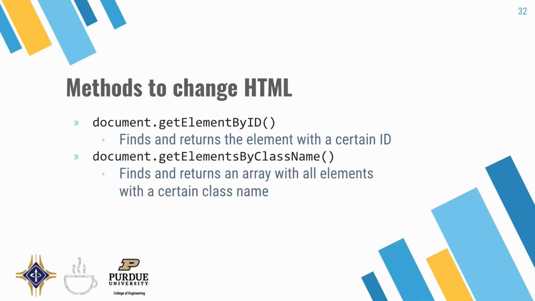All right, so the methods to change the HTML, the two ways to do it, with ID and class. The top one does it by ID. So if you're searching for an element with an ID name, in this case only one, because it's by ID, it'll return one element. So it's the document keyword and then dot syntax, which is very common in JavaScript. document.getElementById. getElementById is just a function.